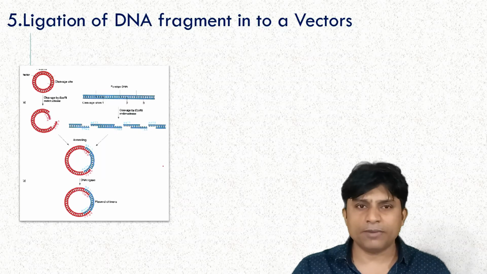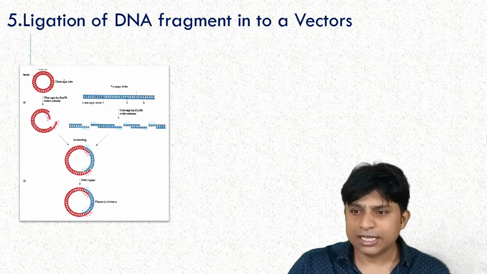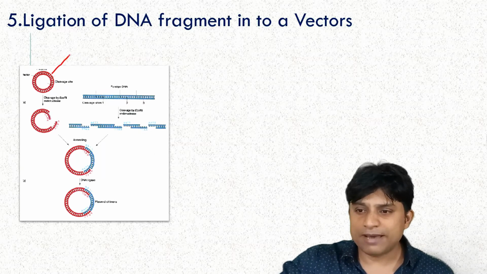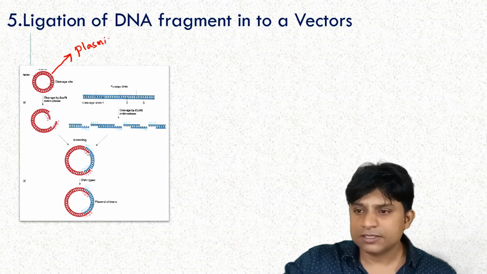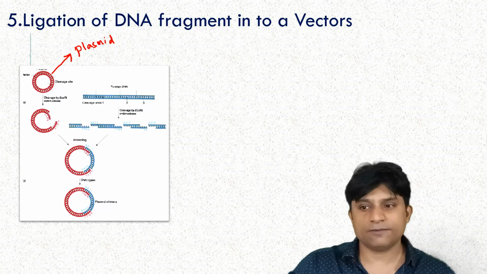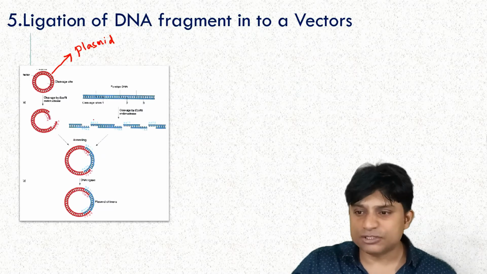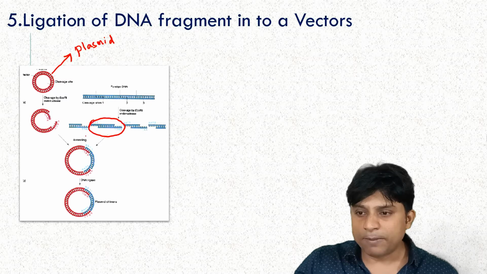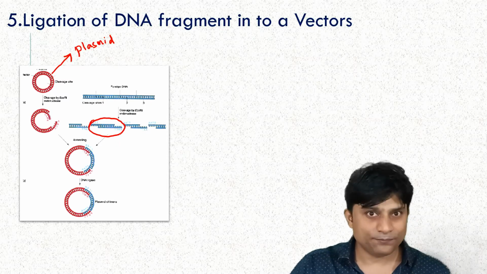Most commonly, we use vectors like plasmids. So imagine this is a plasmid vector which we are taking for this process. Already we have cleaved our gene of interest by using a restriction enzyme.